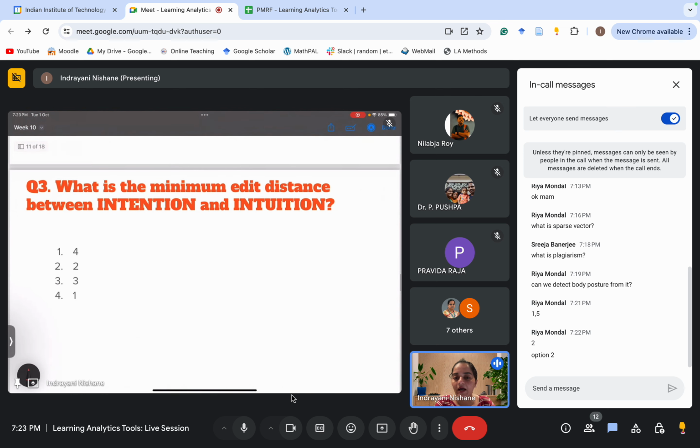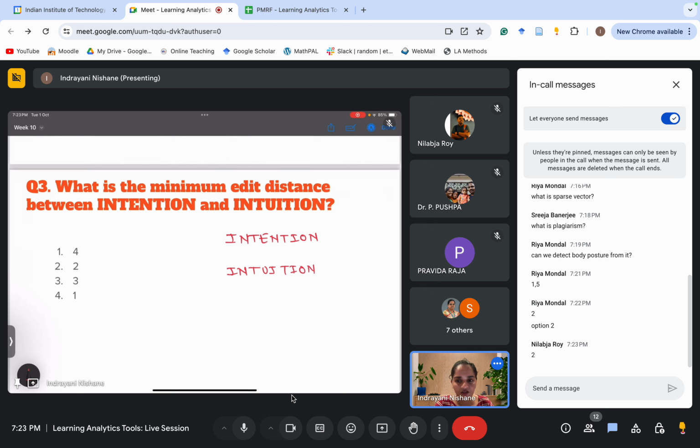Now, edit distance is how many alphabets you need to change in order to convert one word into another word. What they have asked is the edit distance between 'intention' and 'intuition'. So what I'm going to do is write this one above the other: intention and intuition.